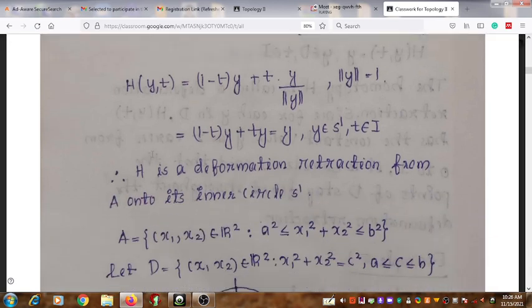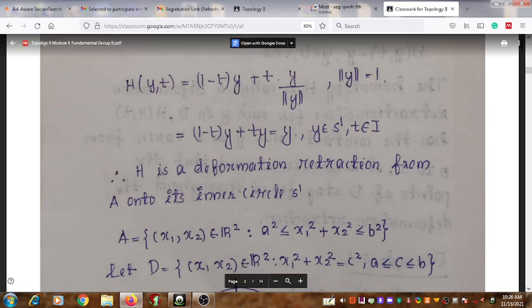Next we want to verify h(y, t) equal to y for any value of y.